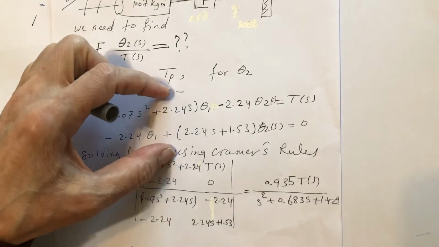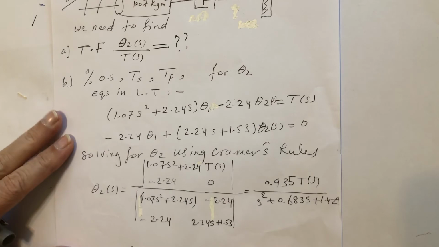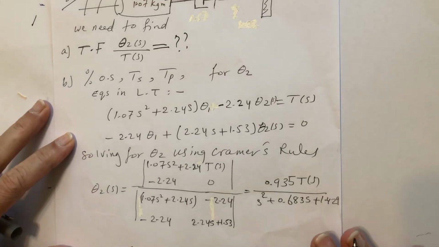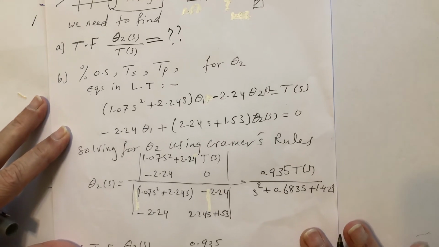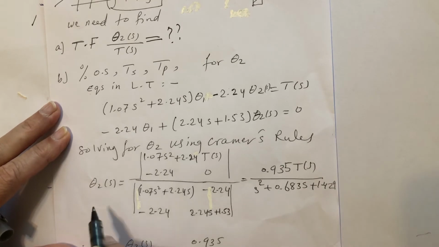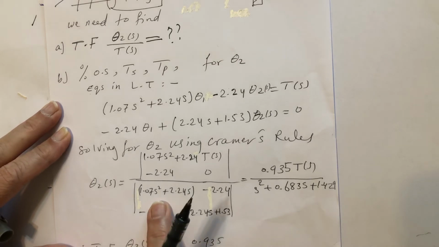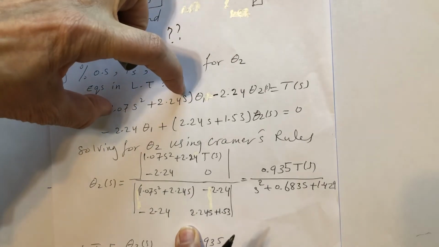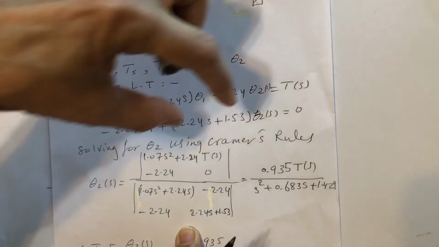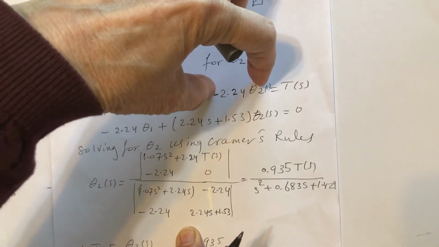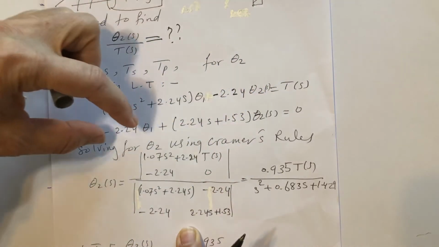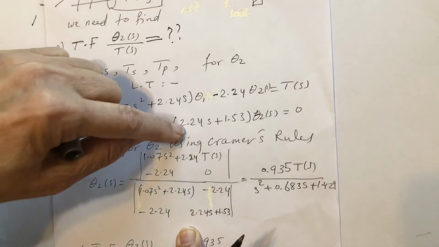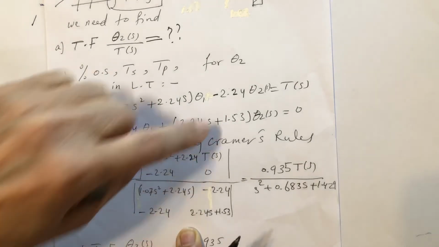So I have two equations in theta 1 and theta 2. We solve. Of course, you remember Cramer's rule. So we solve by Cramer's rule. So we say theta 2 equal, we call this the A matrix, the determinant, which is delta, the one in the denominator. This is equal to delta equal this one, right? Or that one, the one with the negative, and this one with the negative here, and 2.24s here plus 1.53.